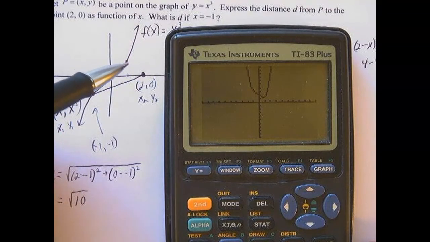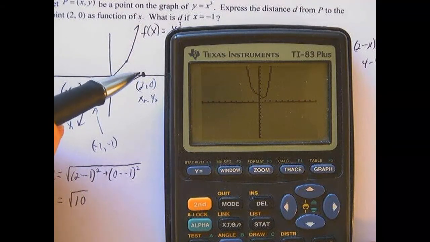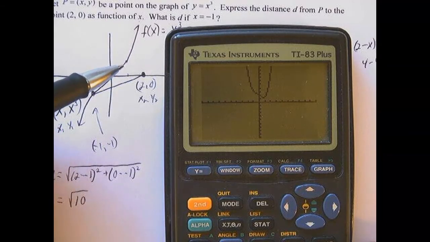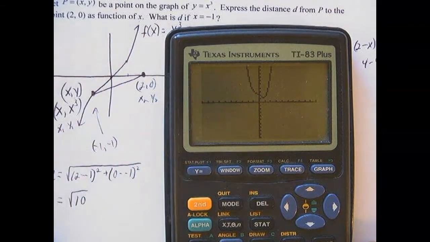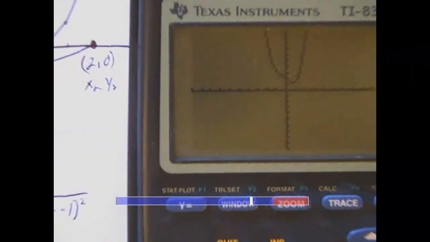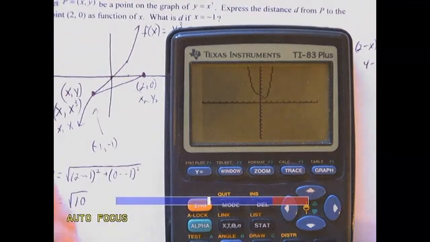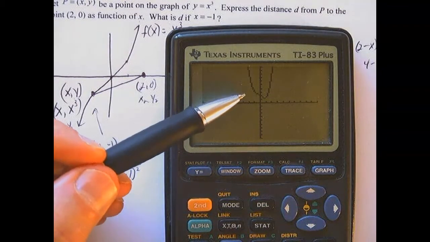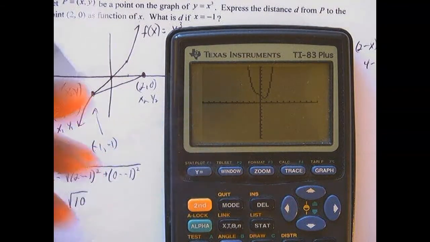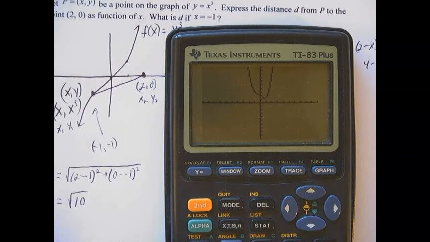Somewhere around 1 will be your minimum distance. You can look at this and say the closest that this point is ever to this curve is right about there, and that's going to be the minimum. Again, you can see it probably is 1. I'm not going to find it right now, but I'm just giving you an idea of what the distance curve looks like. And you're going to be doing this for some other functions as well. Okay, I hope you found this video helpful.